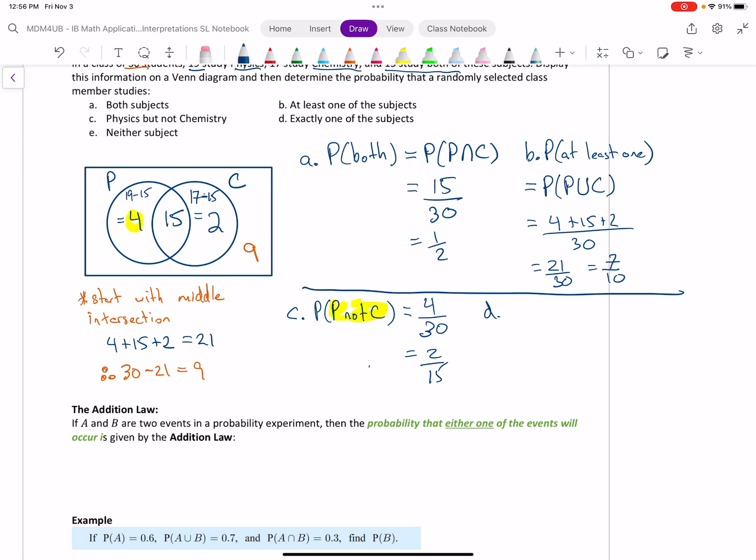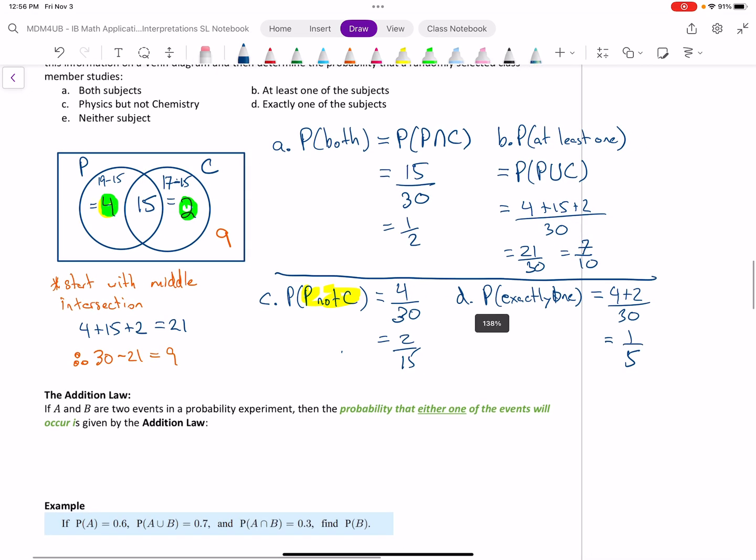Part D, the probability of exactly one of the subjects, so probability of exactly one. That could be they study just physics or just chem. So I'm only looking at those 2 numbers. So I've got 4 plus 2 over 30, which simplifies into 6 out of 30, which is 1/5.